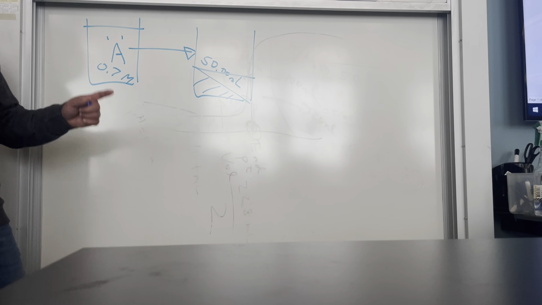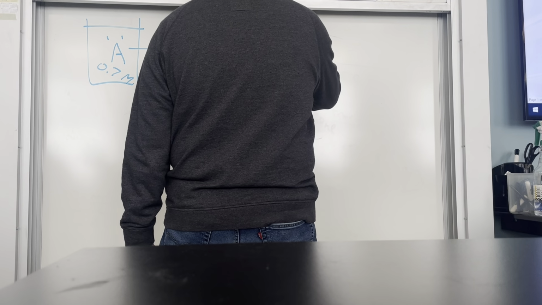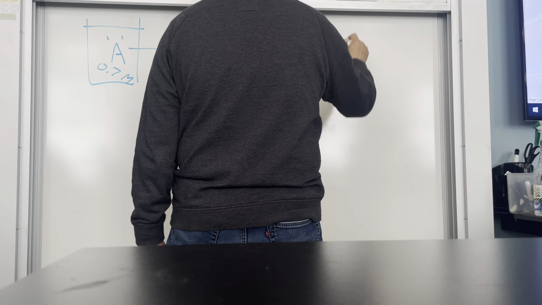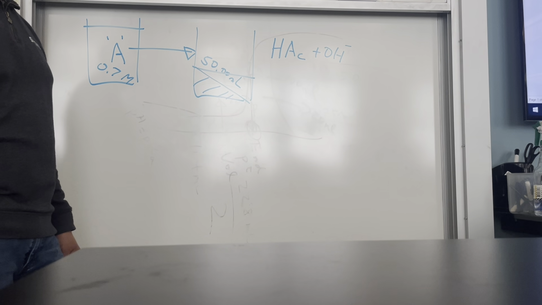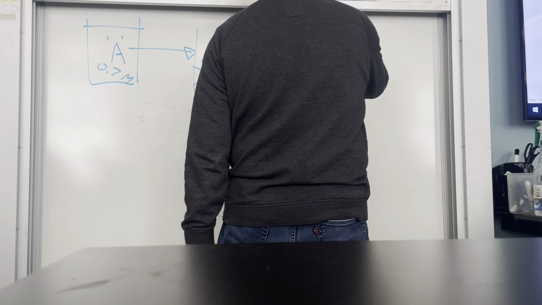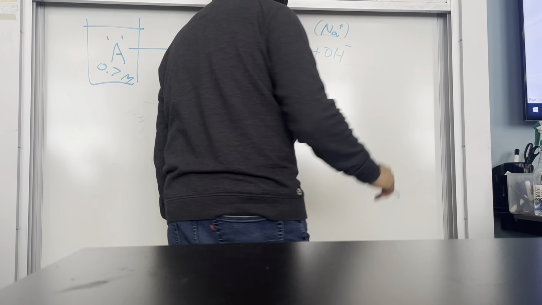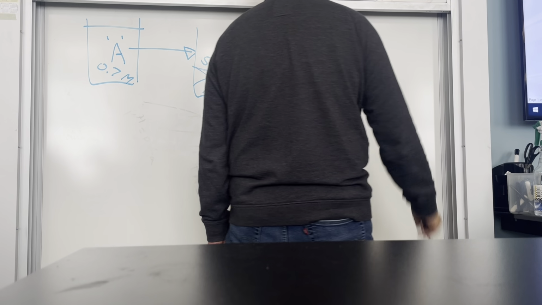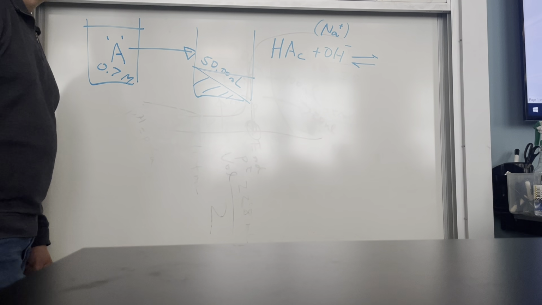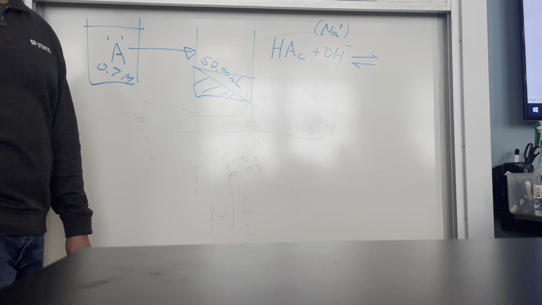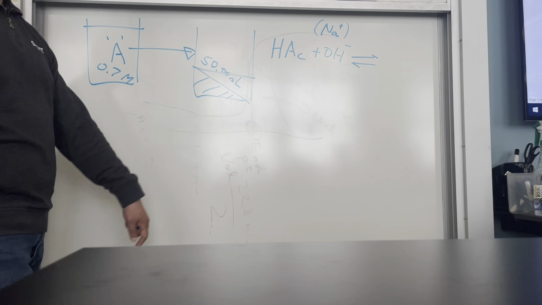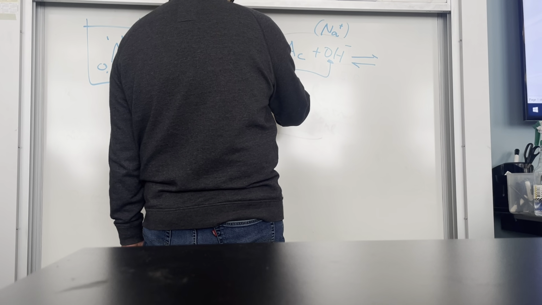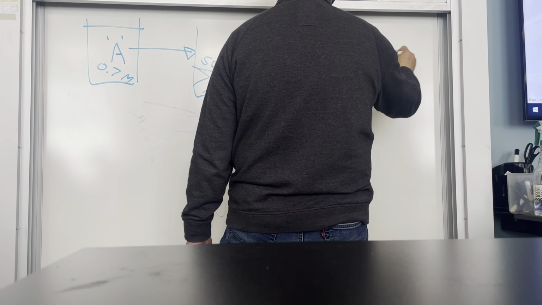What do we mean? Well, let's write out the equation. When we have the acetic acid and we neutralize with the sodium hydroxide, and of course the sodium is the spectator ion, then we get this. What do we get? Water.